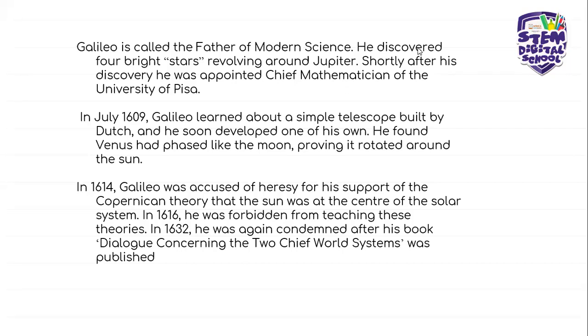Who wants to try? Piwa. Okay, Piwa, you can unmute yourself. Ma'am, I think the main topic of that paragraph is that Galileo was called the father of modern science, and he discovered 4 bright stars revolving around Jupiter.